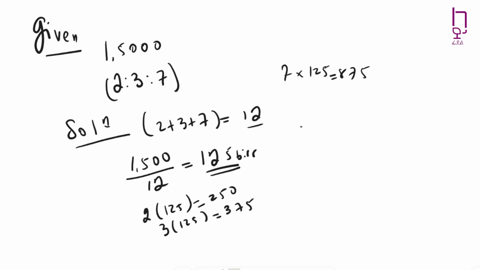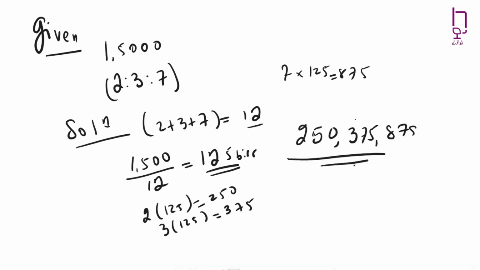So based on the ratios, they will get this amount of money. The first one will get 250 birr, second one will get 375, and the last person will get 875. So when you add this, obviously they have to give you this amount. Okay, so we just divide them based on the ratio.